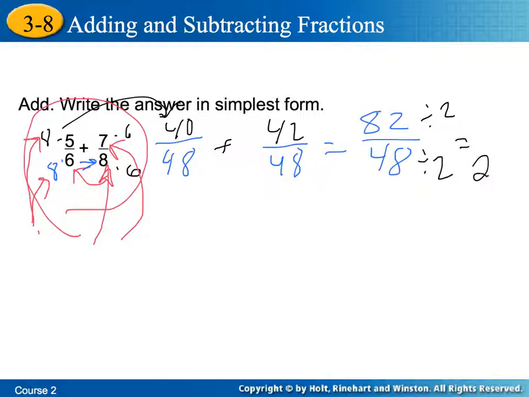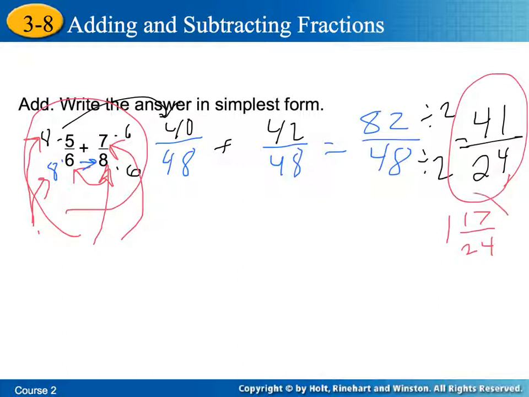I get 41 over 24. I can leave it as that answer. I am okay with seeing that answer. If you want to change it, it would be as a mixed number, 1 and 17/24. I will also accept that. However, you can leave it as that 41/24 so you don't get a different step.